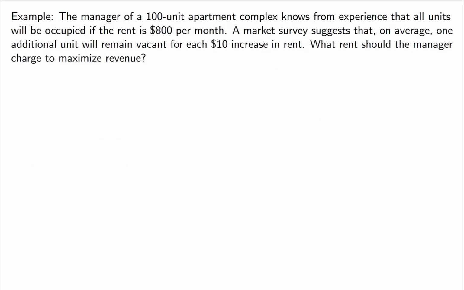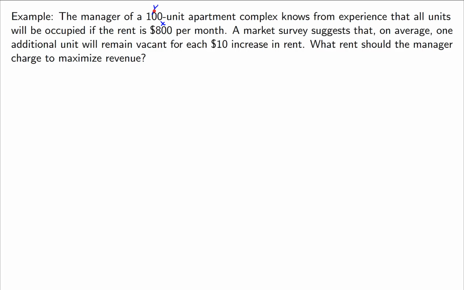The last example will do something similar with looking at demand and revenue, and again we're wanting to maximize the revenue. So let's start off by using what we have. If you have $800 a month as the rent, all units will be occupied, all 100 of them. Let's do the same thing with calling my price x and my number of apartments y.